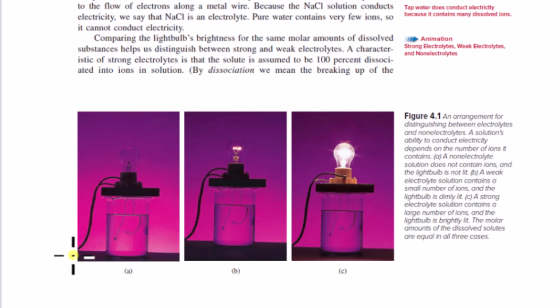So let's think about two non-electrolytes that, hypothetically, if they were soluble, would break up into ions. One hypothetically would break up into ions as a weak electrolyte. The other hypothetically would break up into ions as a strong electrolyte.